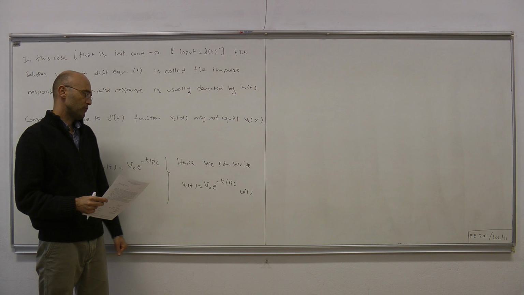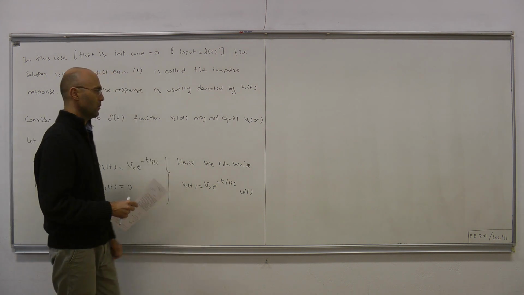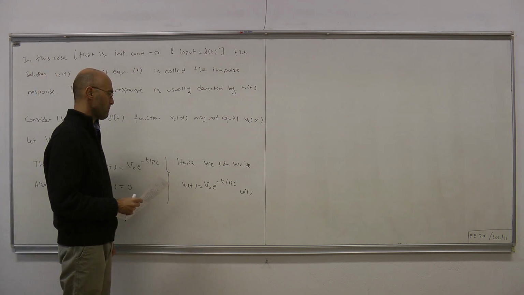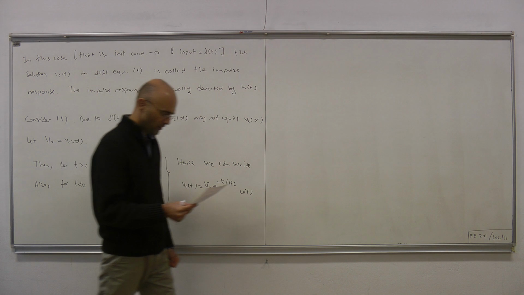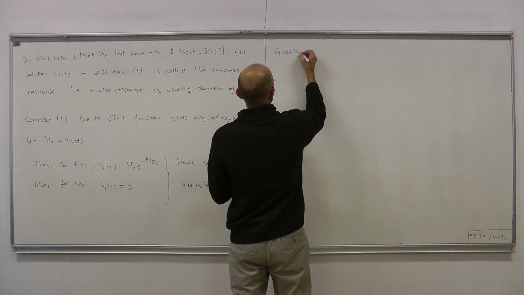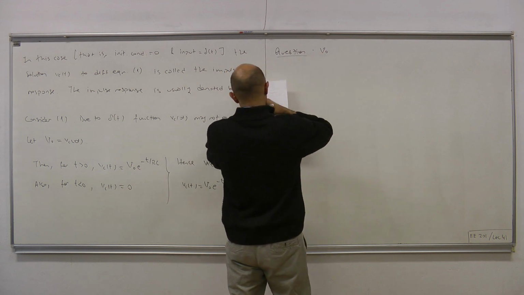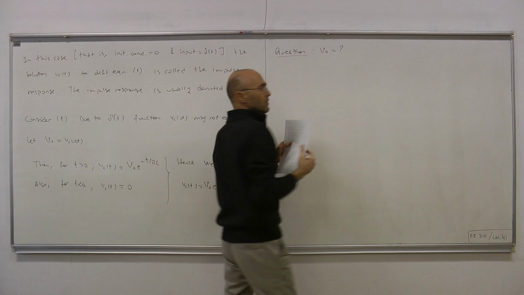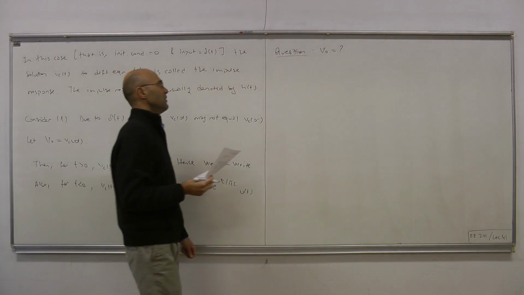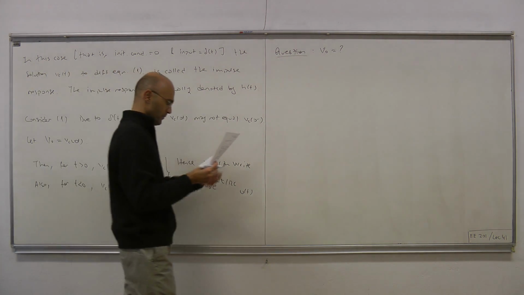Now, we know this form of the solution. All we have to figure out is this V0. And for that, we're going to use the differential equation. That's the only thing that we can use. Question: what's V0, or what's Vc(0 plus)? The voltage that the capacitor jumps to from 0.